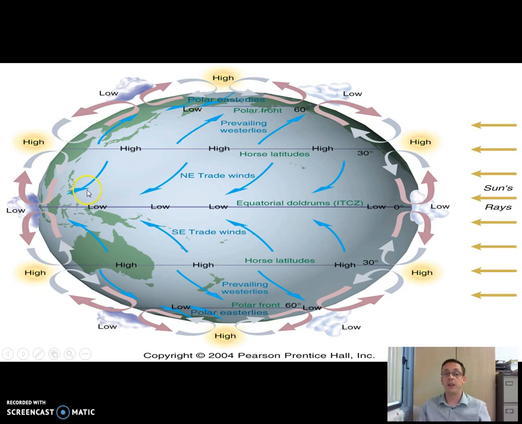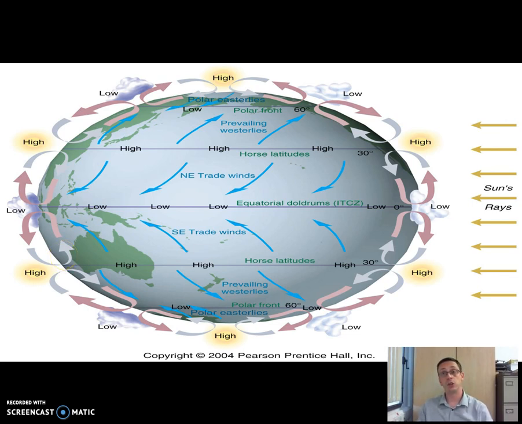Now, all of this is flipped and repeated in the southern hemisphere. The southern hemisphere isn't something that you will ever need to discuss as part of an exam answer. We can focus just on the northern hemisphere, but it's a useful piece of information to know that this system wraps itself around the entire globe.